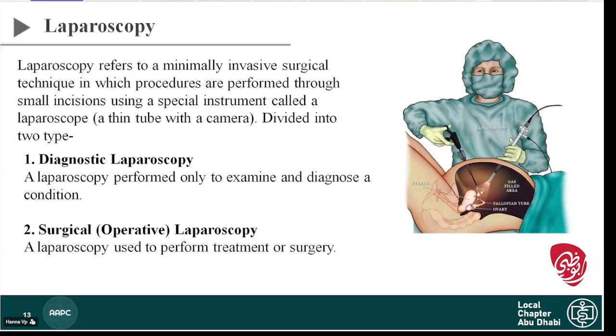Diagnostic laparoscopy is used to examine the diagnostic conditions. And what is meant by surgical laparoscopy, guys? It is used to perform the surgery, to give the treatment. So, guys, these are the two types, diagnostic and surgical.